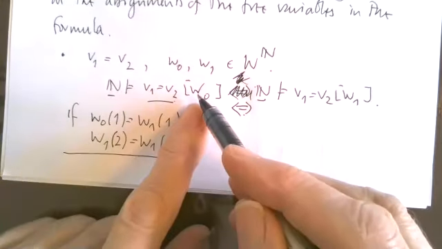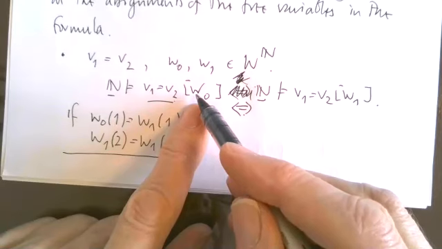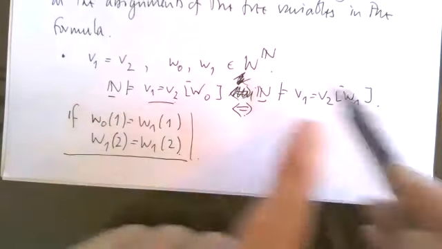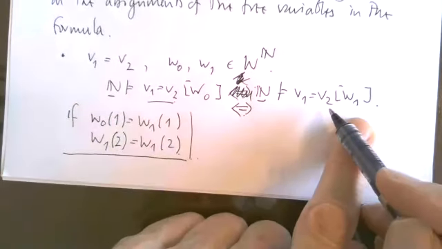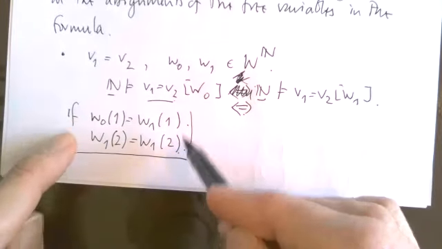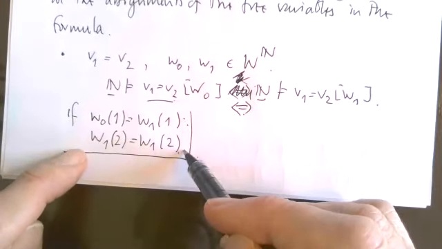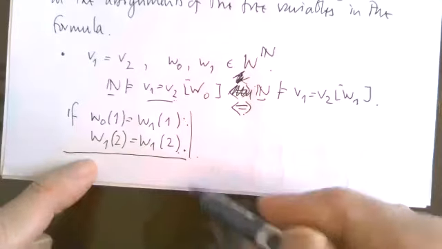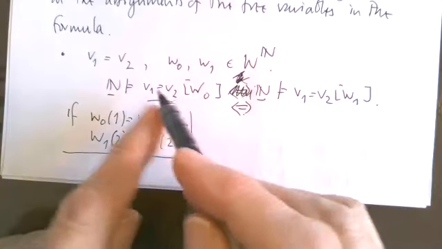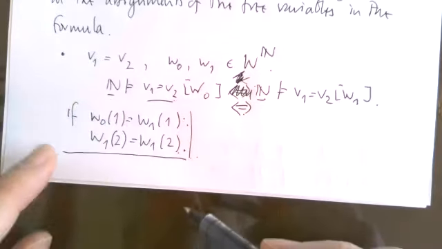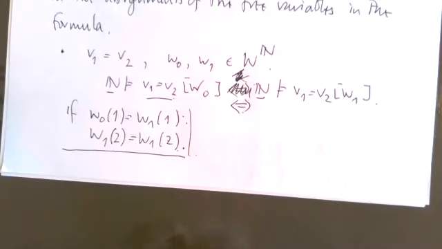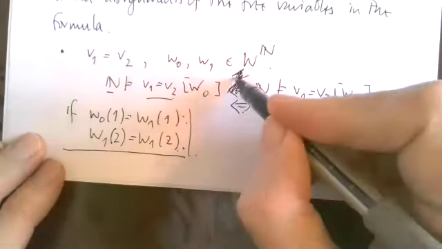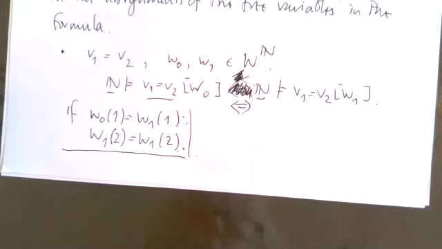So this assignment has given the same values to V1 and V2 as this assignment has done. That's what I've specified here. And then the outcome about whether this makes this true in here will depend upon whether this equals this.